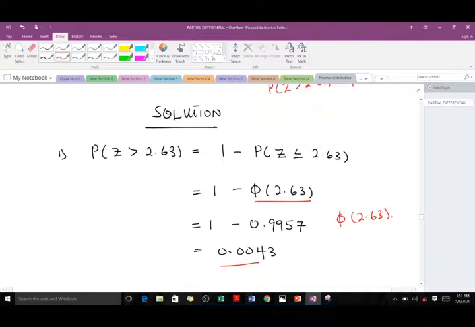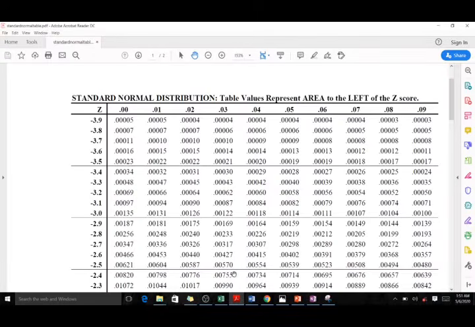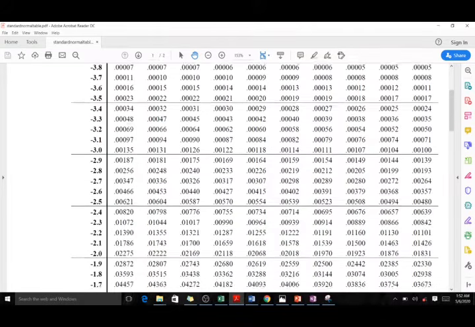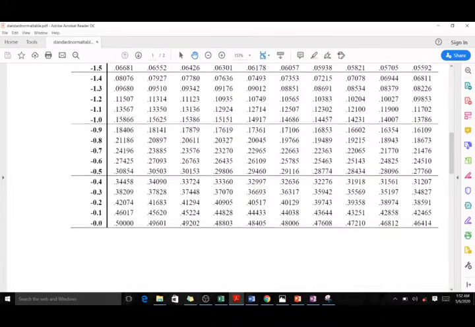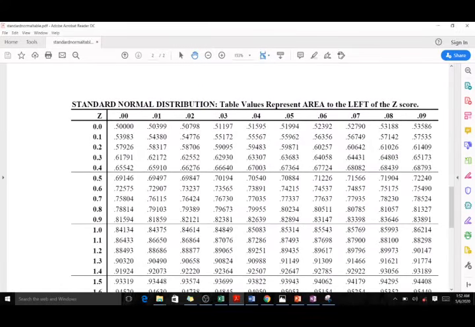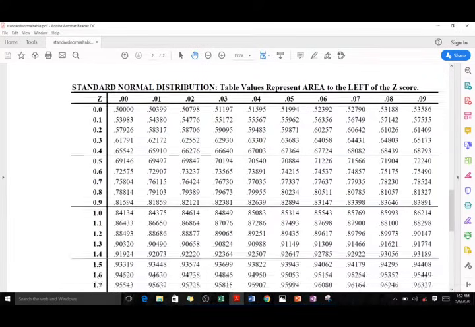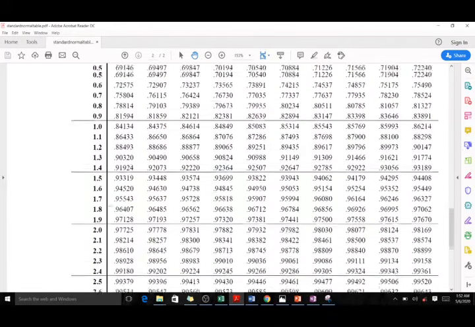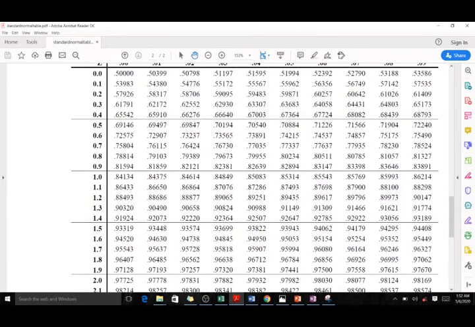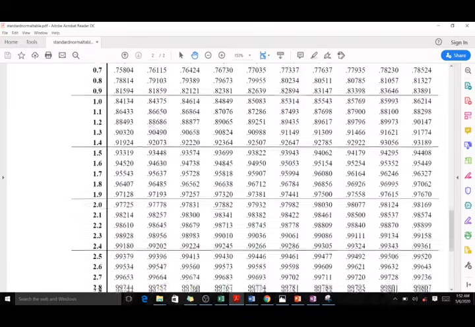So let me go to my normal table. So this is how the normal table looks like, right? So these are values for when you have negative values, but we are talking about 2.63, so that means our values are positive. So we come to where we have positive values, as you can see here. So here you realize that the value that we are trying to read is 2.63, so we look for 2.6.